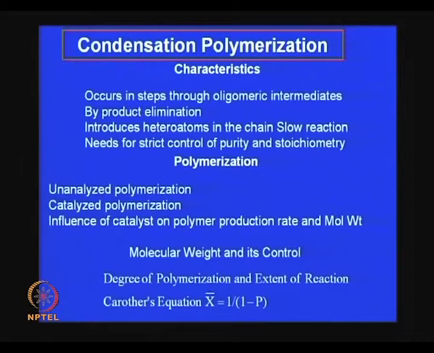Then there is control of molecular weight. So, in this molecular weight control, we will see what value of degree of polymerization could be achieved after the polymer product is isolated. We have to assess, evaluate that.